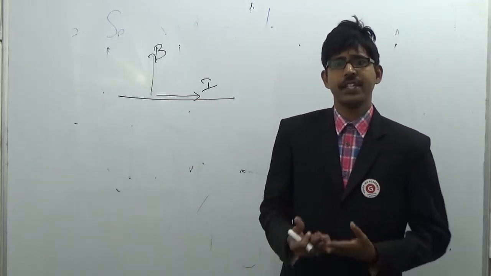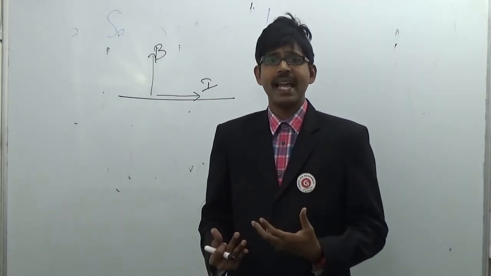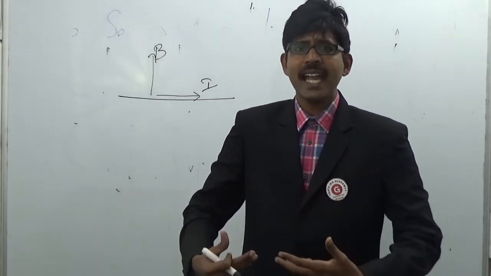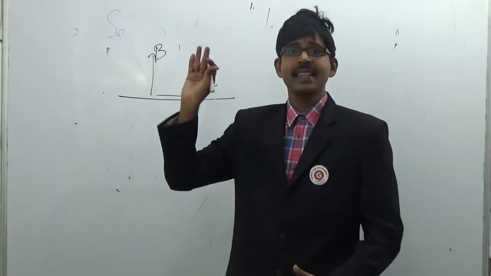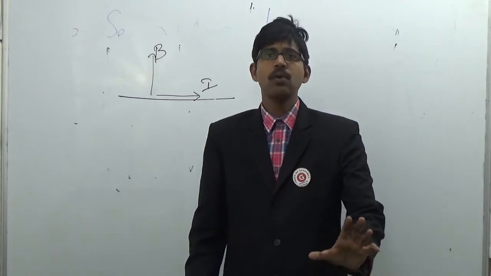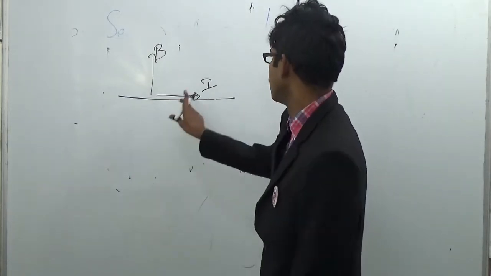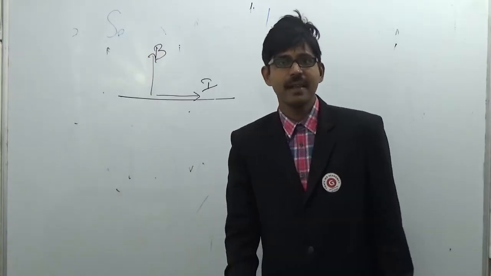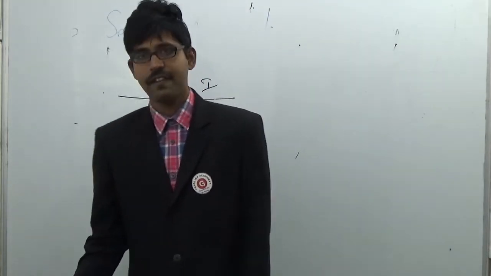What is the Hall effect? You have a specimen carrying current I which is placed in a magnetic field which is perpendicular to the current flowing. In this situation, you have an electric field induced which is transverse to the direction of current and the magnetic field applied. This effect is called the Hall effect.